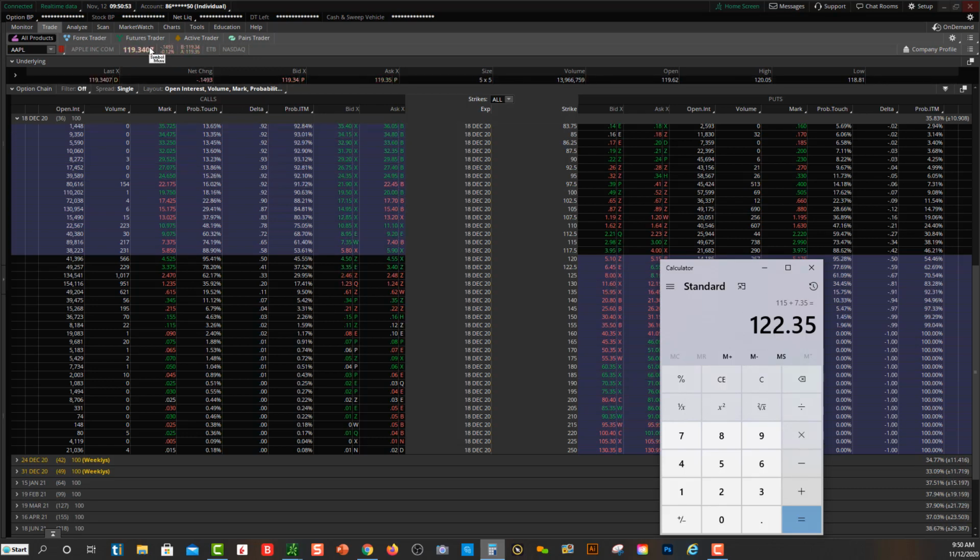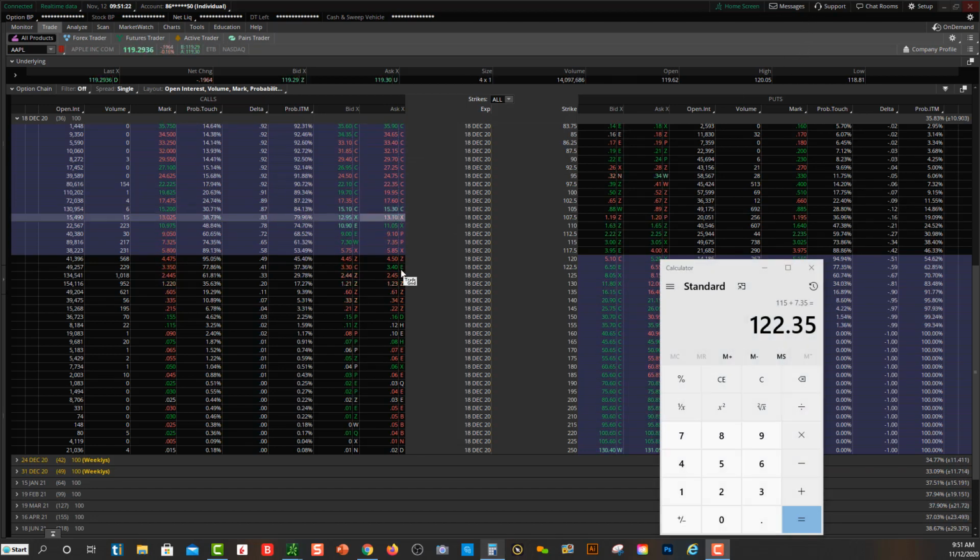That's a $3 move, right? So Apple needs to move $3 in this scenario down here in your favor. So it needs to go up $3 compared to what I was just showing you, about $1 or less. So that's why your odds are more in your favor up here, because the move has to be less in your favor. And that's why you're paying more for the options contract.